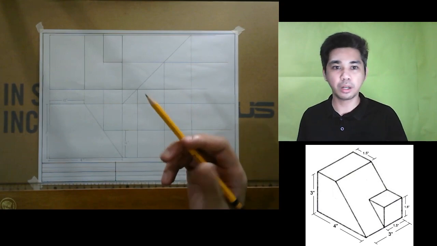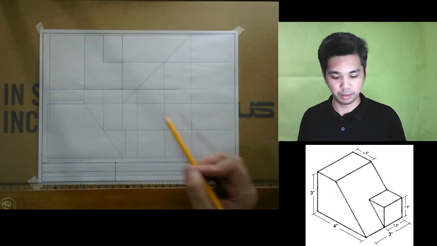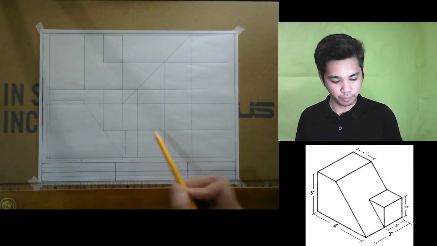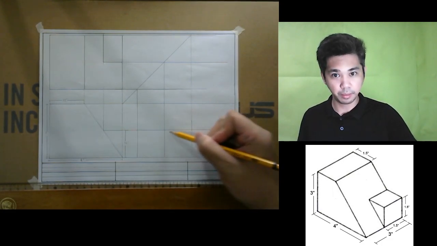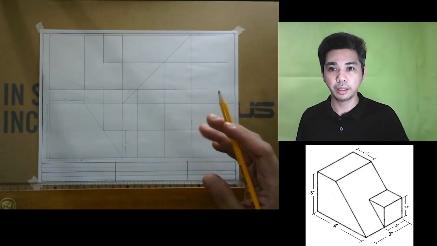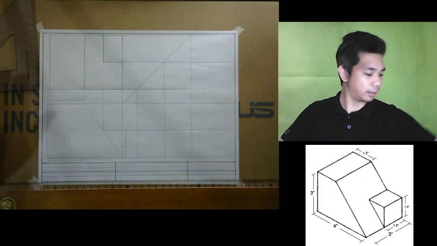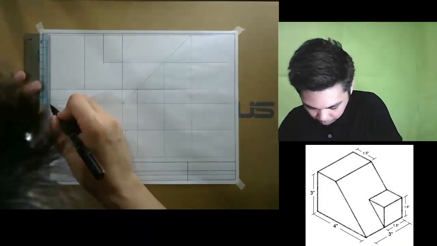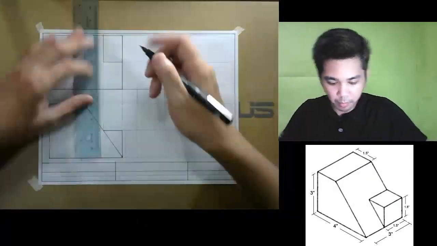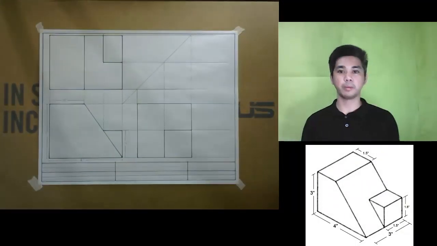If we are going to look at the right side view, it would look like this triangle will be on this place. And then the rest would look like one big plane. Let's ink it. So there we go.